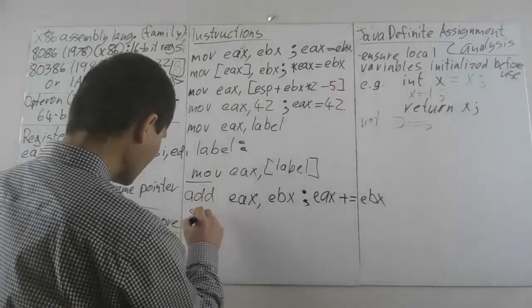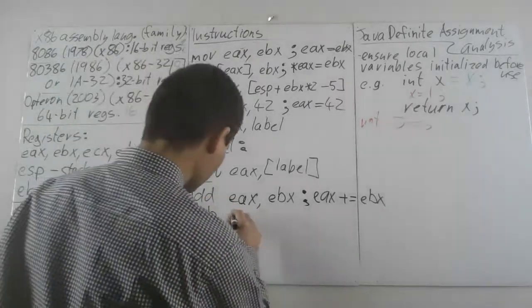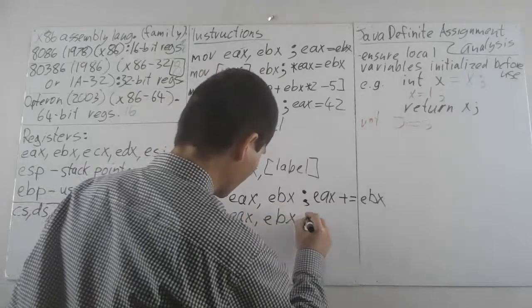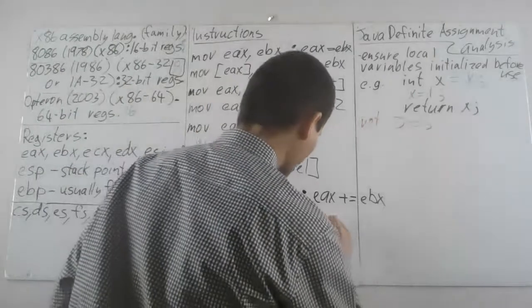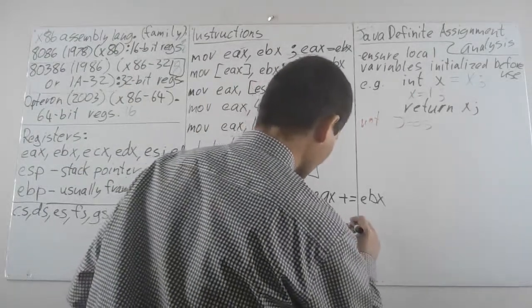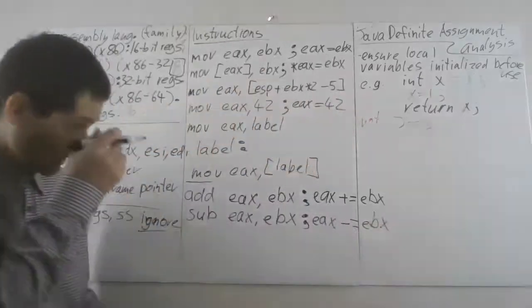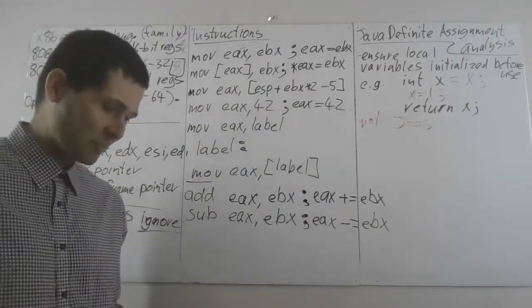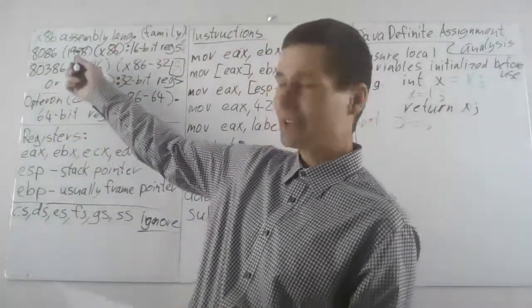And there's a subtract instruction that works the same way. I'm using EAX and EBX as examples, but you can use any registers that you want in these instructions, which might seem obvious to you, but it wasn't back in 1978.